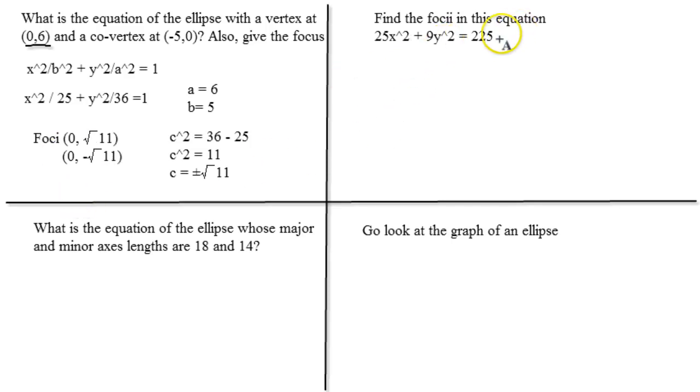Now to find the foci of this equation, okay, this one's going to be a lot of fun. This one's pretty simple in the beginning, because once you do the first step it really becomes clear how to do this: you're going to divide everything by 225. Now when we divide by 225, you need to reduce each fraction.